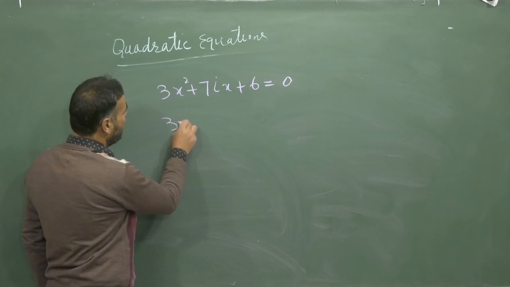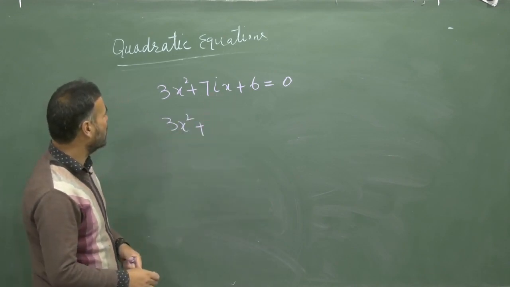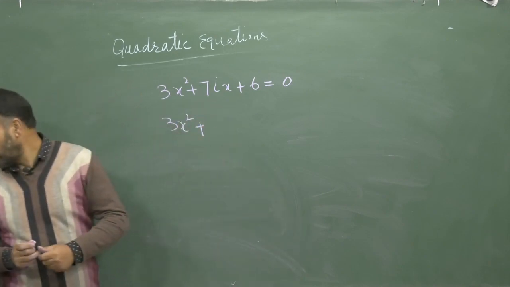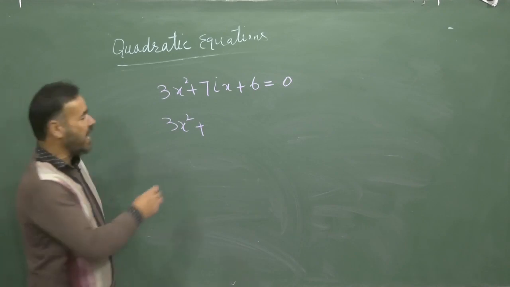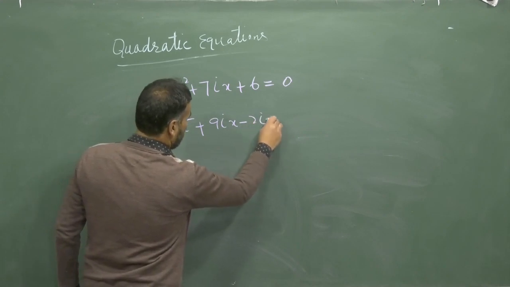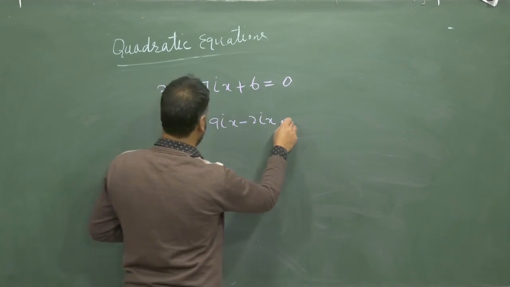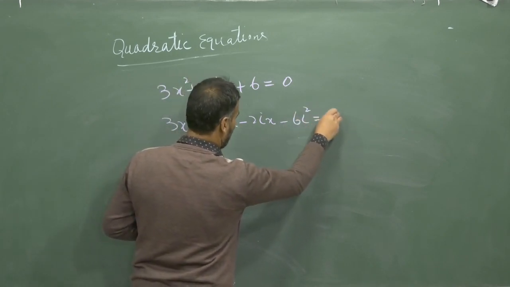We have to change 7 iota x into two forms, that is 7 iota x can be written as 9 iota x minus 2 iota x, that is 9 minus 2 is 7 iota x, and plus 6 we can write as minus 6 iota square is equal to 0.